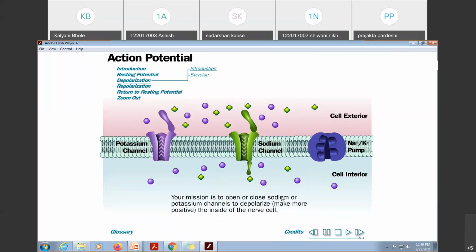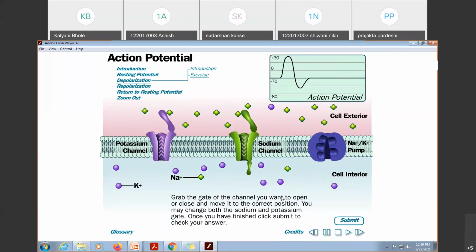Yes, tell me what should be done. Ma'am, when we move the leg, the signal is passed by the brain to that leg, or from the leg to the brain, that this part of the body has been moved.